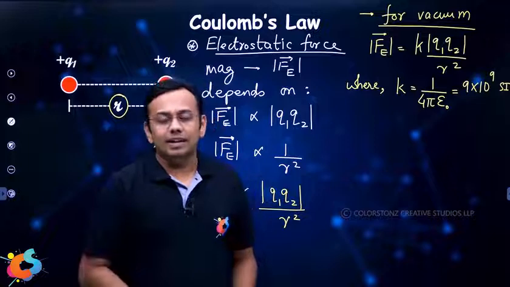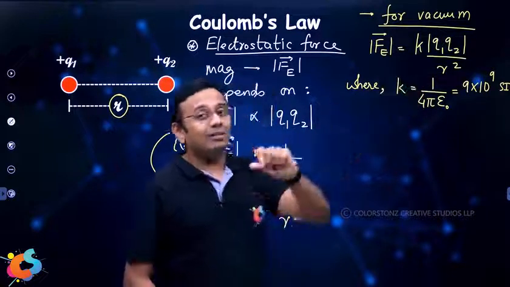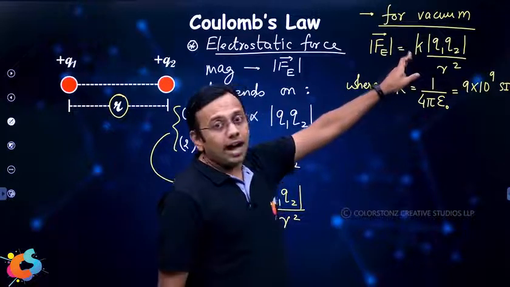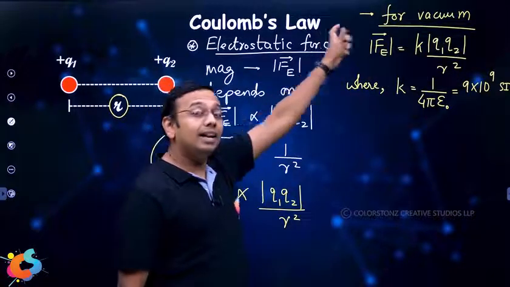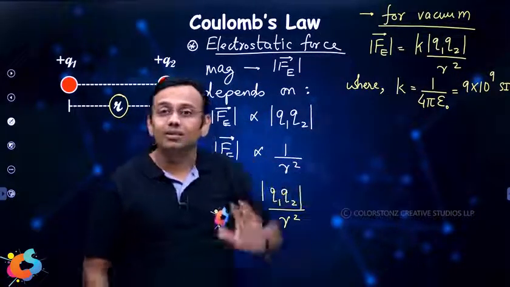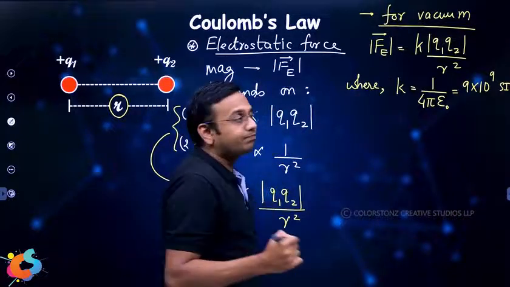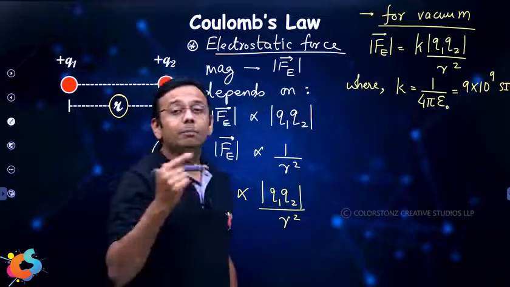But what will be the SI unit of this factor? We can find it out from this formula, right? K is on the RHS, so I can take everything else on the LHS and then write the SI unit by using the formula. For force, the SI unit is Newton. R square, if it goes to the left hand side, will become meter square.